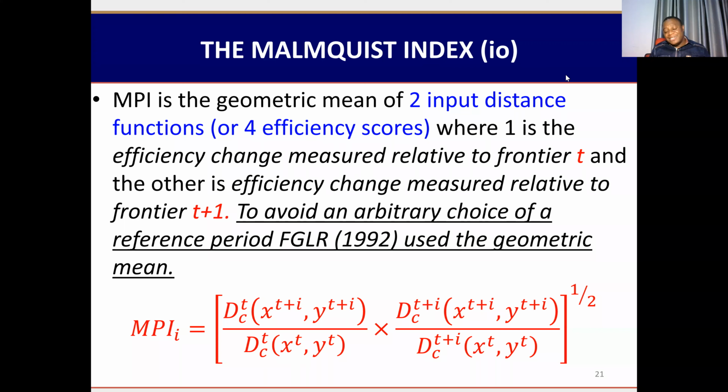Then we shall look at the decompositions of the Malmquist: the two-part decomposition of Färe, Grosskopf, Lindgren, and Roos; the three-part decomposition of Färe, Grosskopf, Norris, and Zhang; the three-part decomposition of Ray and Desli 97; the four-part decomposition of Wheelock and Wilson. There is also the Färe and Grosskopf 96 decomposition. There is a five-part decomposition of Färe, and there is a seven-part decomposition of Färe.